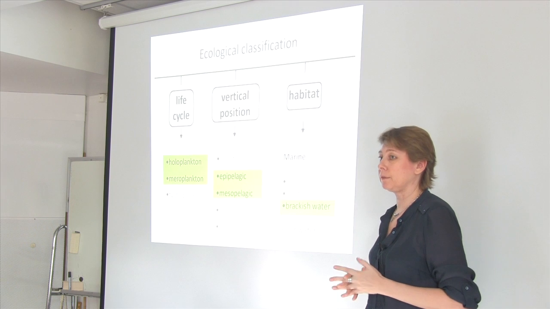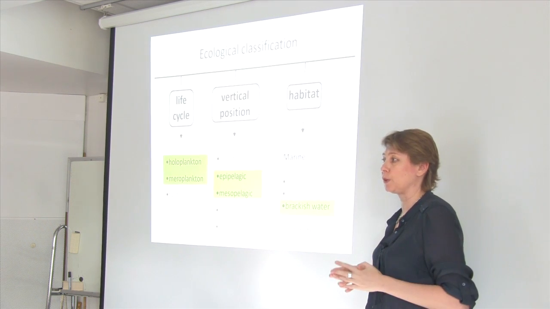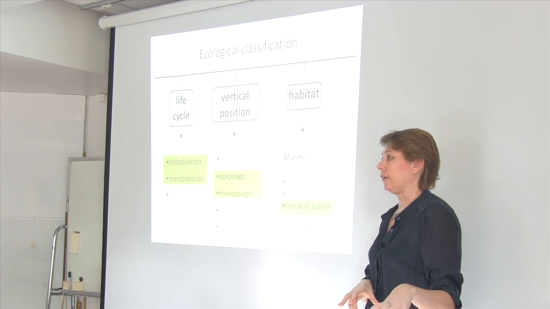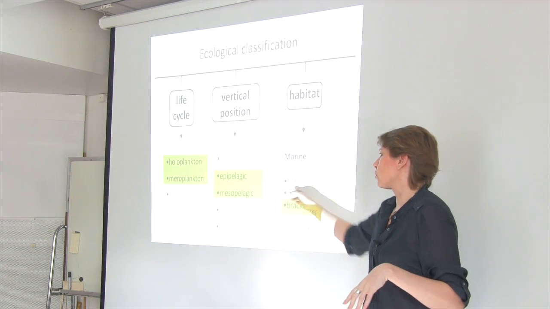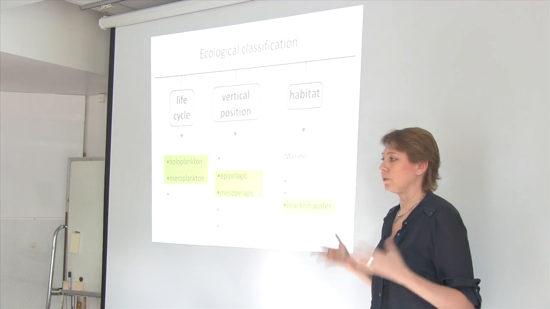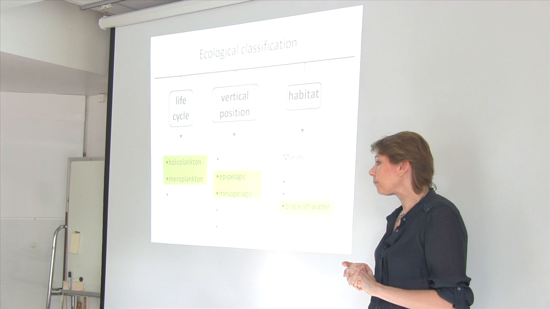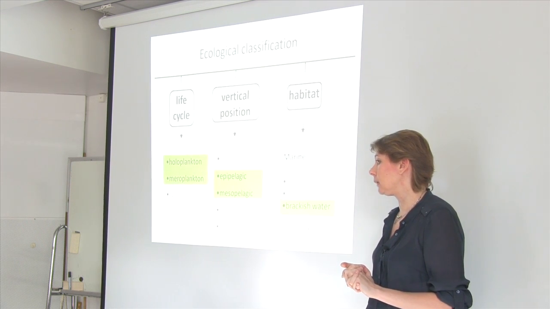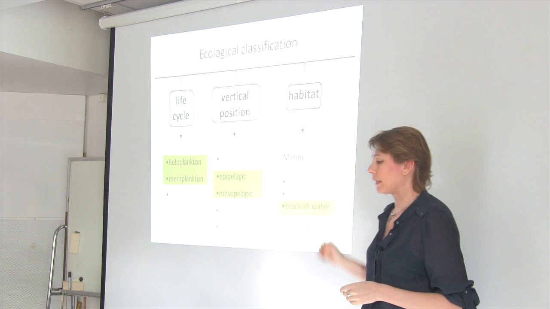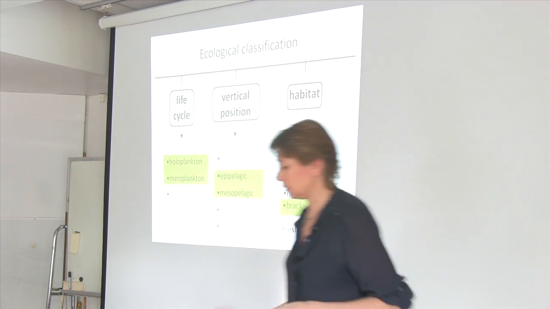Up north, we have a fair contribution of true freshwater species like Daphnia, for example. Down in the Kattegat area, we have a contribution of oceanic species like decapod larvae, marine decapods. But generally, volume-wise, it's mostly brackish water species that are here.